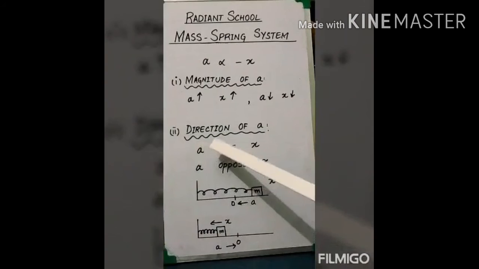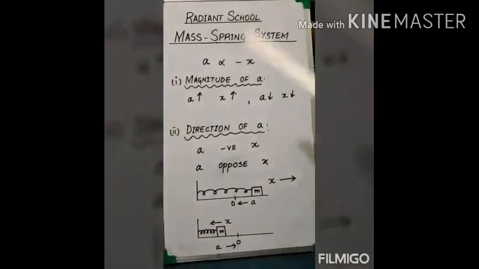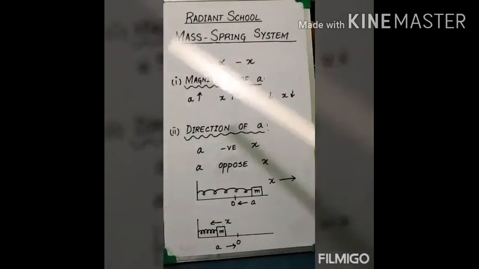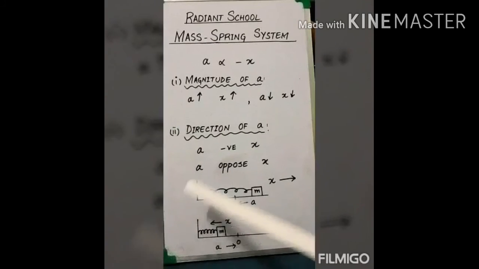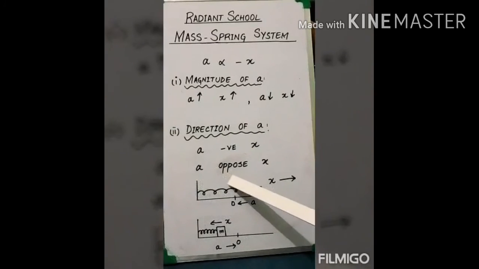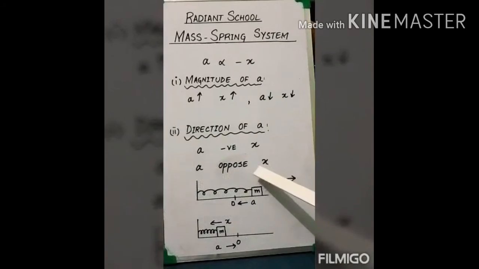Now let us discuss the direction of acceleration. Let us consider this minus sign. It says a is proportional to negative x. So it means physically that acceleration will oppose the x, where x is the displacement from the mean position. Now there are two possibilities.